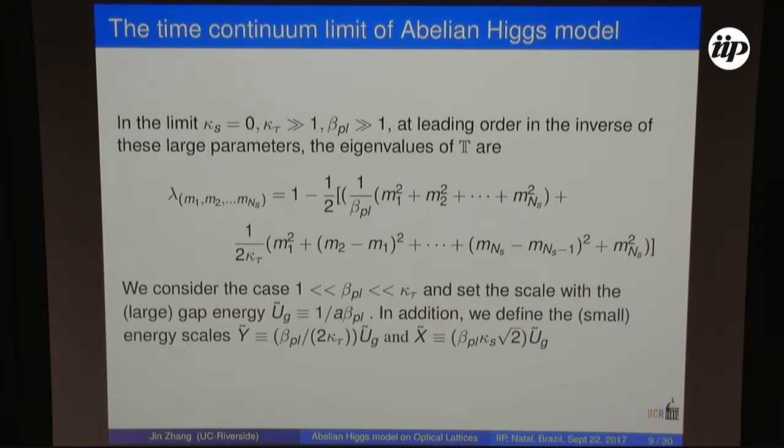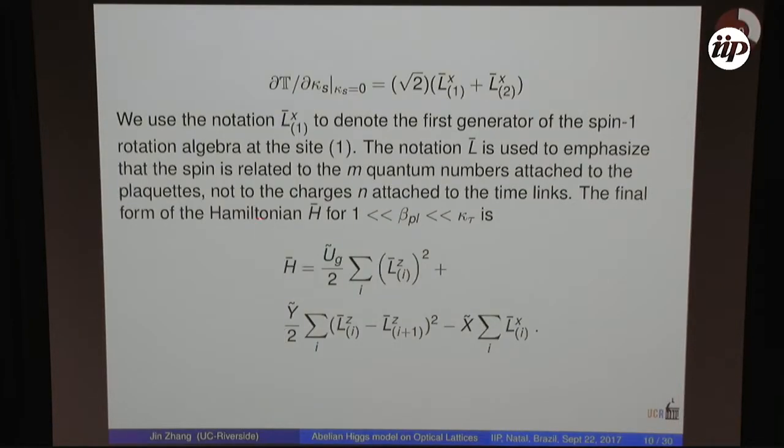So we define new parameters, and similarly we find the leading terms for kappa s. Finally, we get to the Hamiltonian.